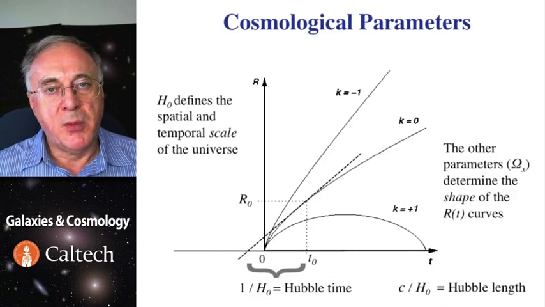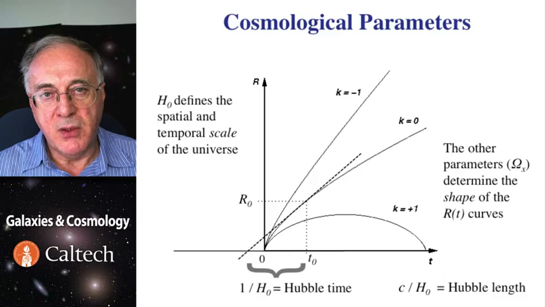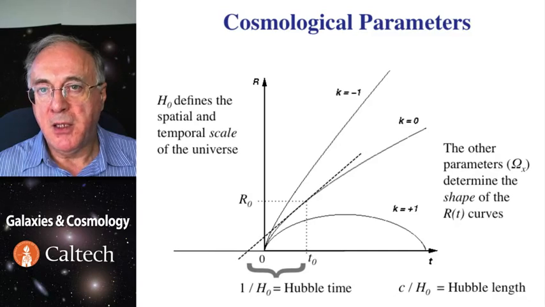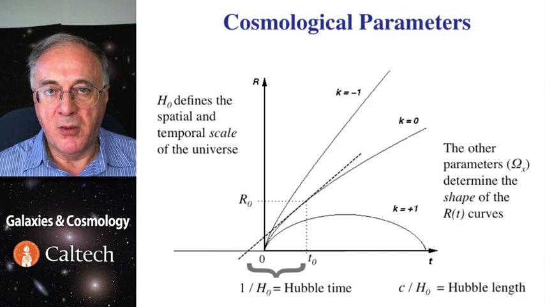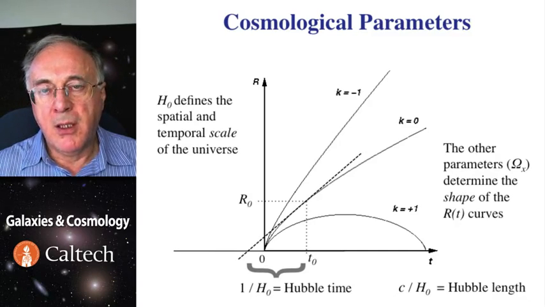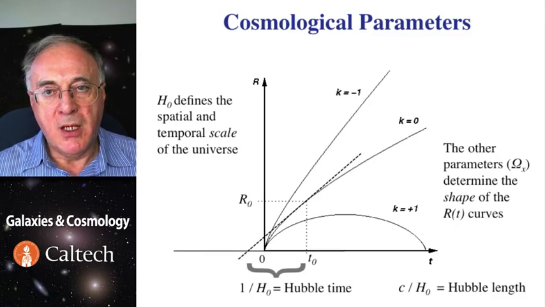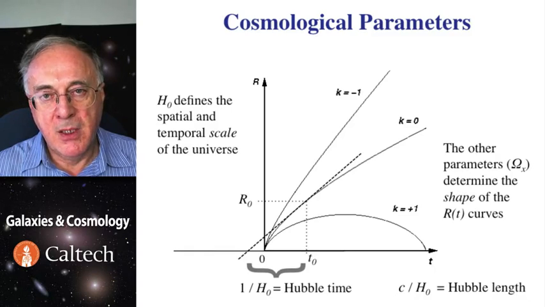So this is what cosmological parameters do. Hubble's constant gives the overall scale of the universe, temporal and spatial. It does not depend on the density of the universe, cosmological constant, or anything else. The other parameters, omega matter, omega vacuum, and so on, determine the shape of the r of t curves and do not depend on Hubble's constant.